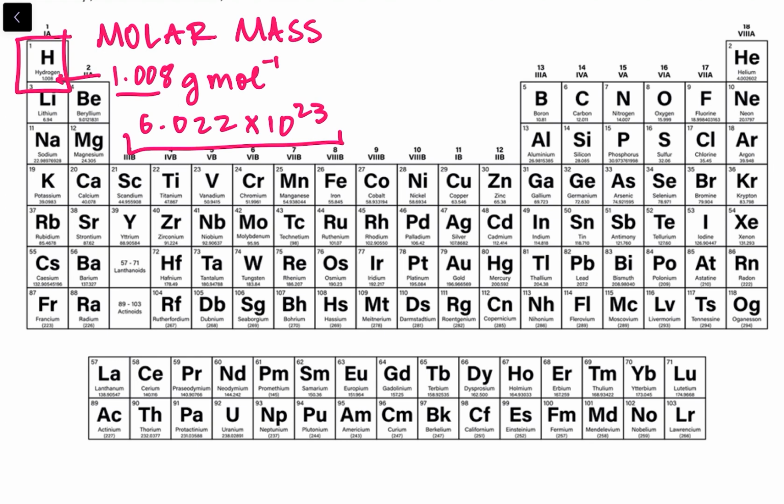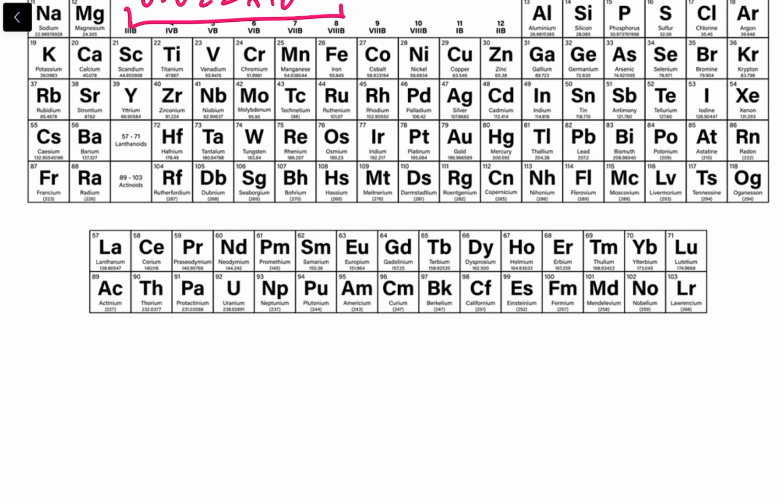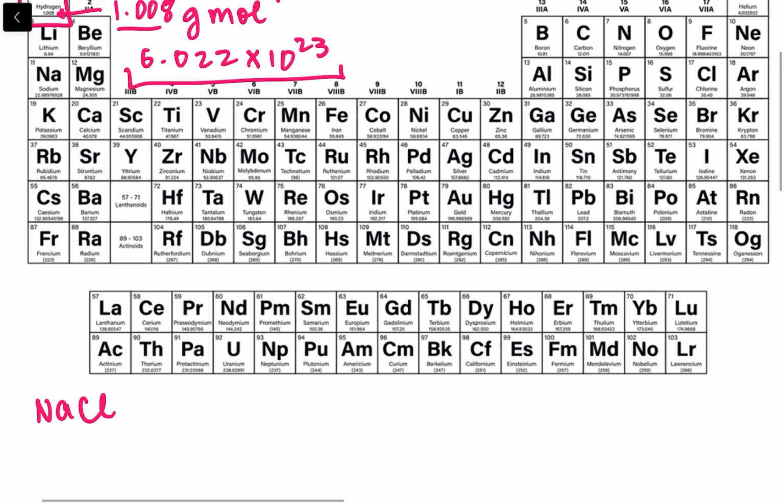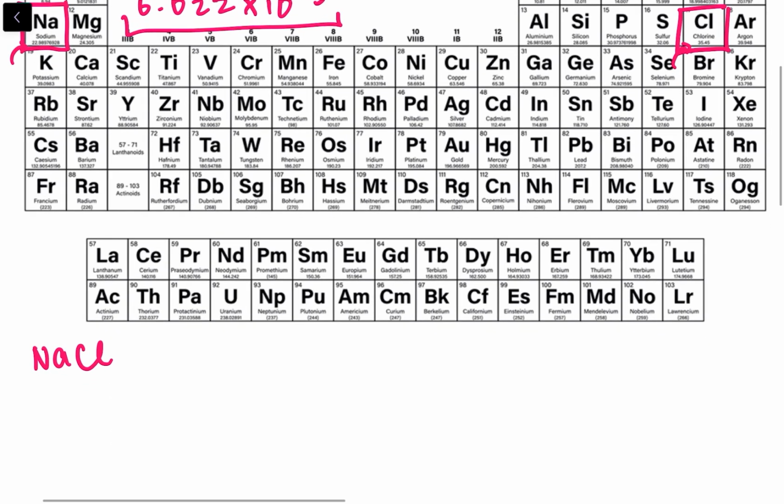This is an extremely helpful number when it comes to conversions, like I mentioned before. But before we get into it, let's learn how to calculate molar mass. Let's say we have NaCl, sodium chloride. To calculate its molar mass, we first find sodium and chlorine on the periodic table. We take the really small number for sodium and the really small number for chlorine and add them together.